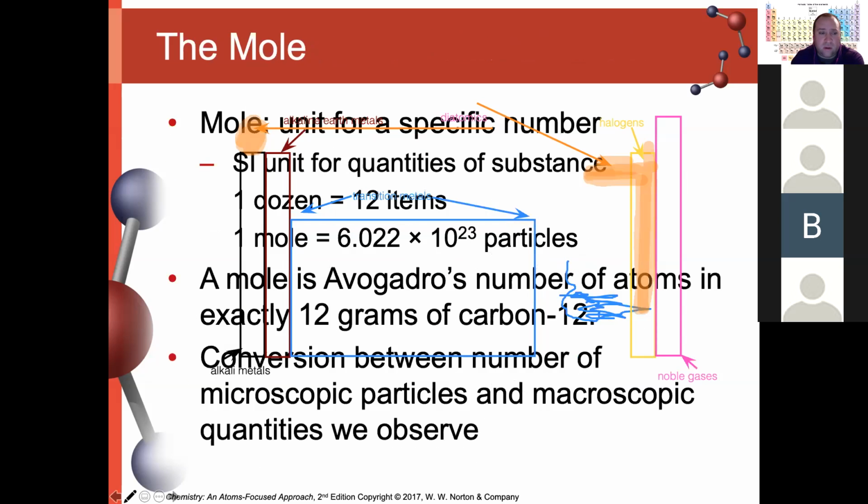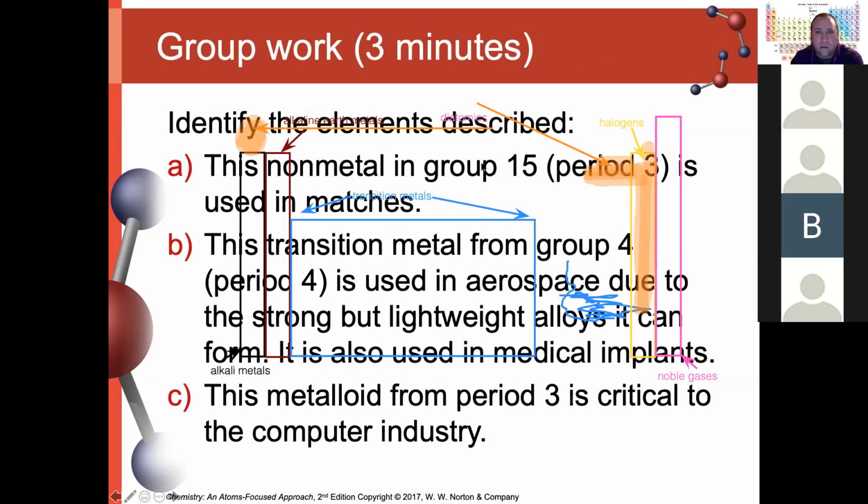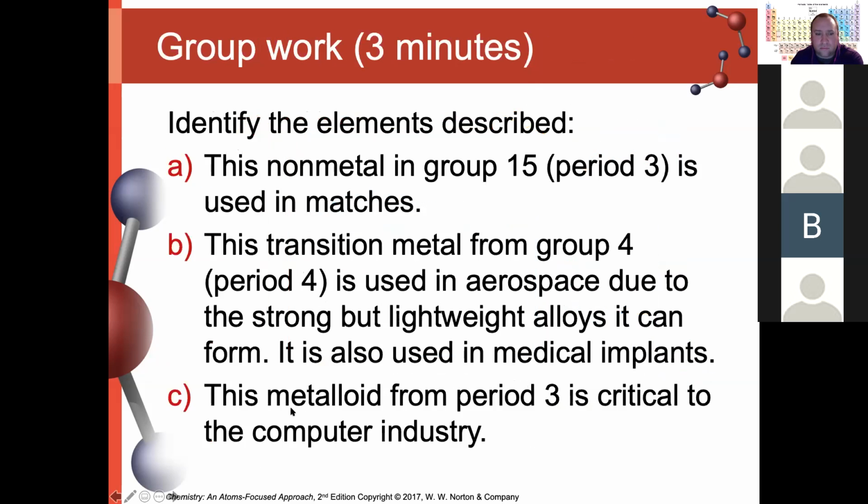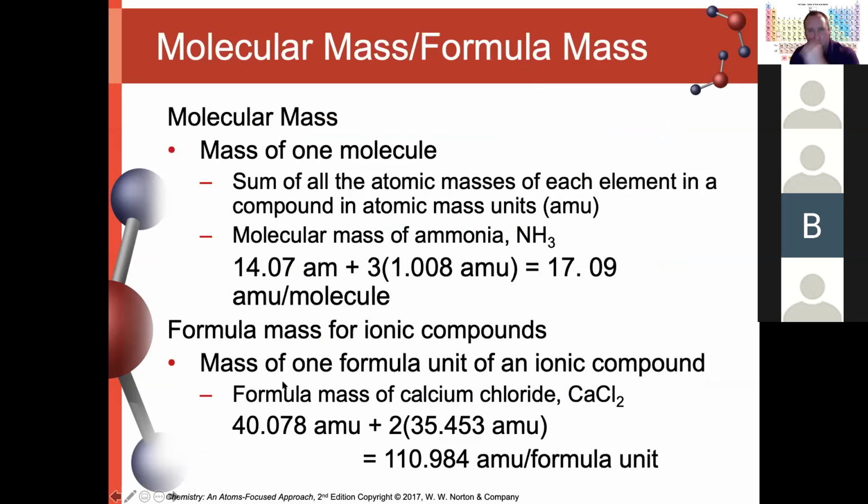Okay, so let's talk a little bit then about some calculations that we can actually do using the periodic table. And so we've already talked about the idea of atomic mass, the fact that the periodic table gives us an average atomic mass that we can calculate from isotopic abundances if we just know how much of each one's present.